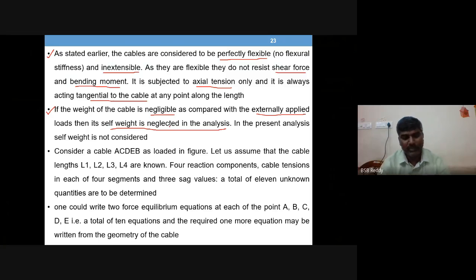Let us see how you analyze the cable, meaning finding internal and external reactions, when it is subjected to point loads.